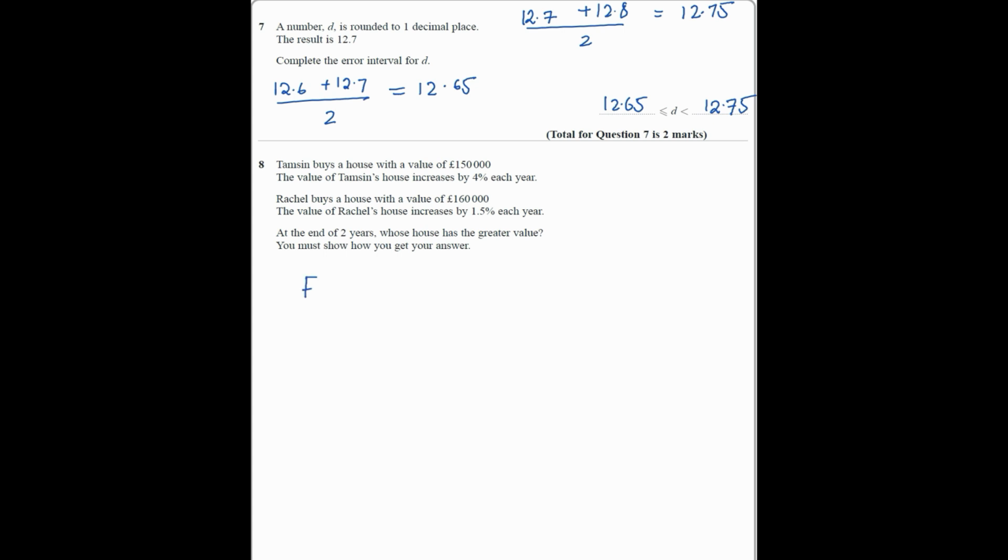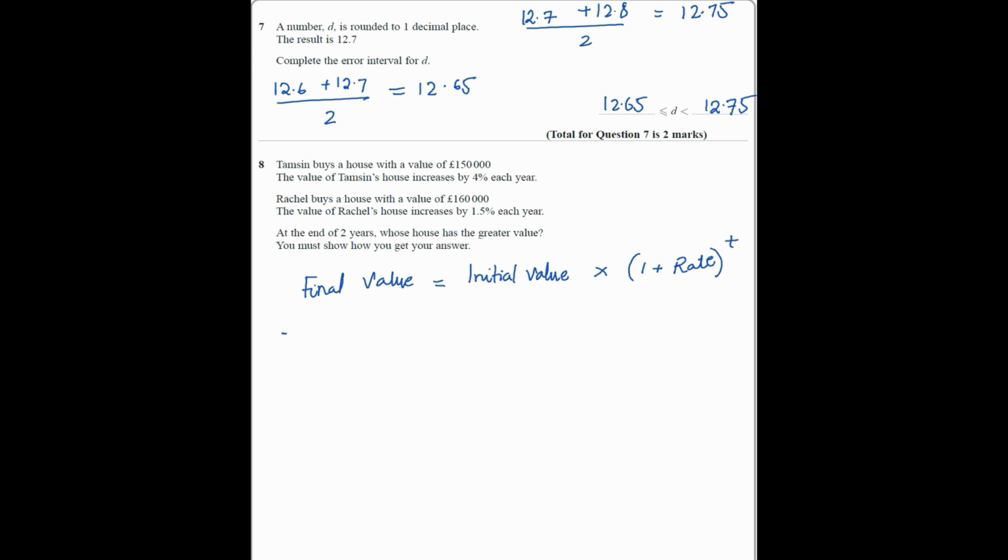The compound interest formula is: final value equals initial value multiplied by (1 plus rate) to the power of t.